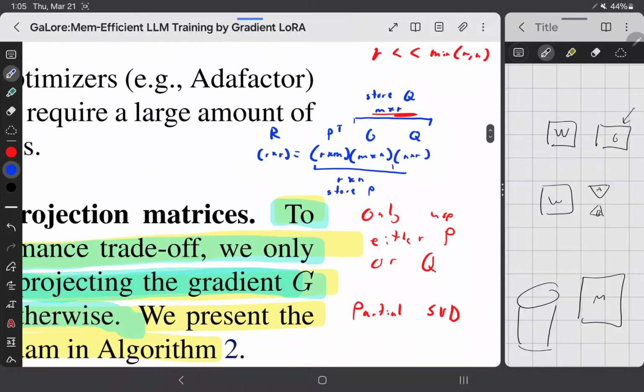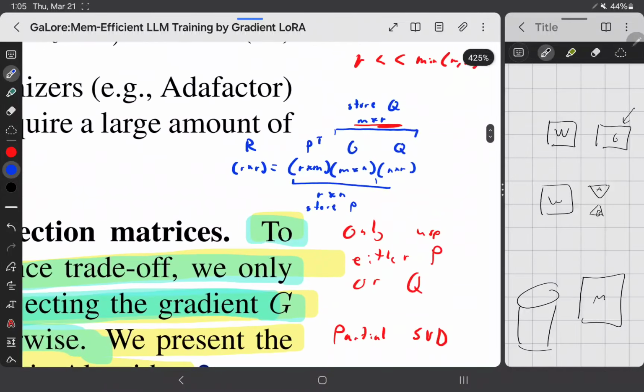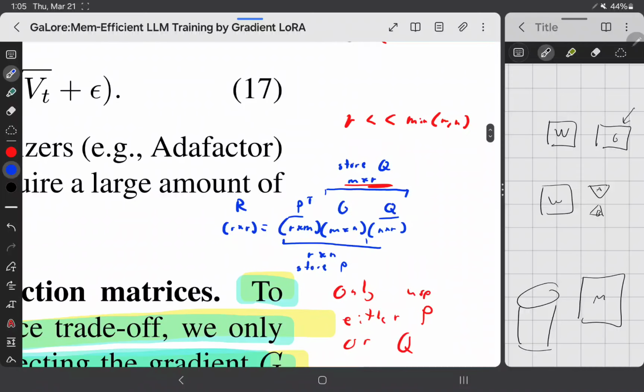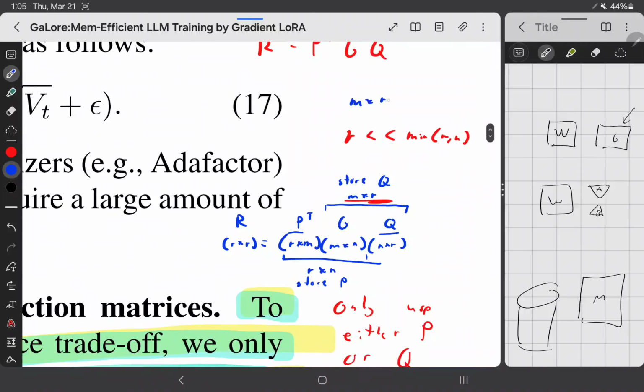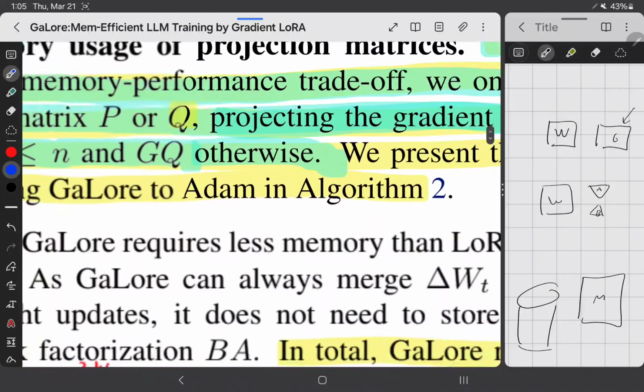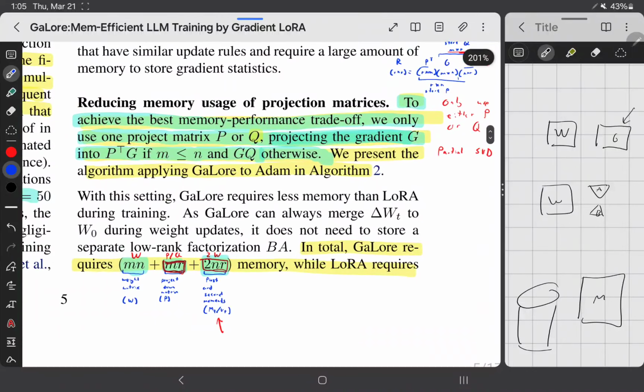So hopefully that's clear that they only use one half of this projection, so that they only store either P or Q, and so that you can either get to the MR space or the NR space, depending on which one's lower, M or N. Yeah, so that's basically the intuition behind that.